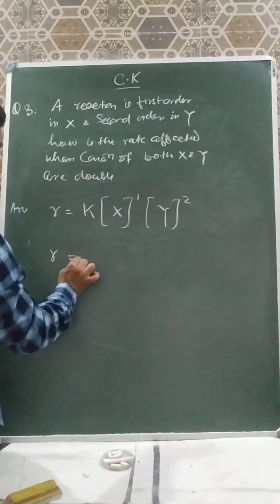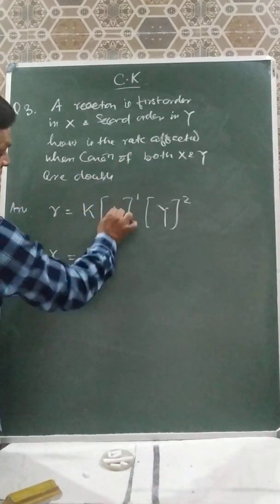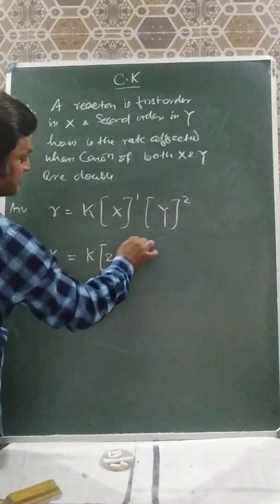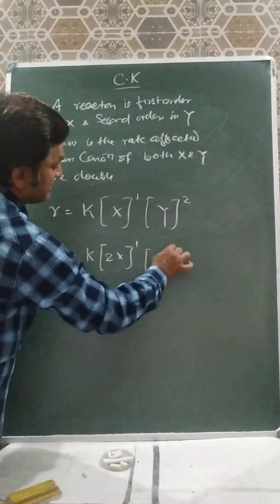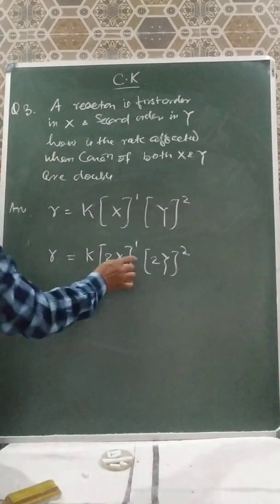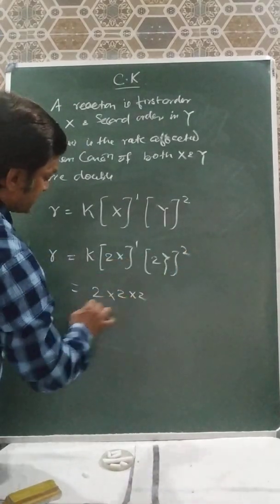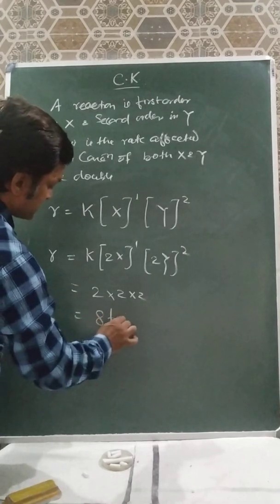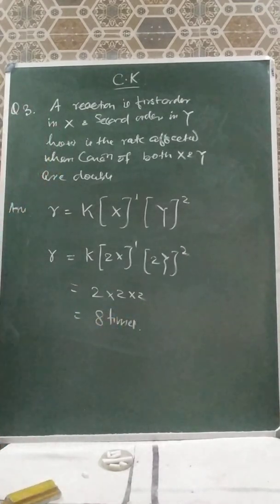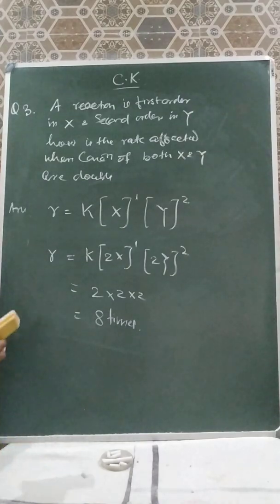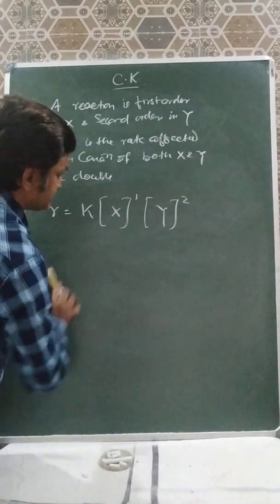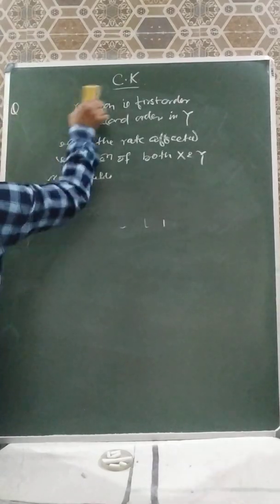The new rate is equal to k (2X) to the power 1 and (2Y) to the power 2. That means 2 into 4, that is 8 times. Answer is 8 times. Next question number 4.